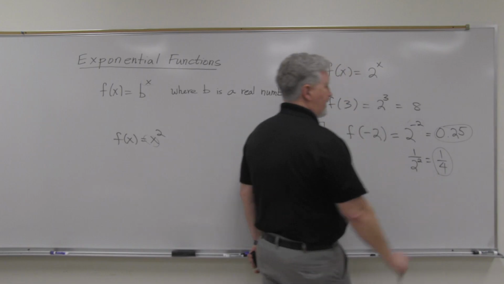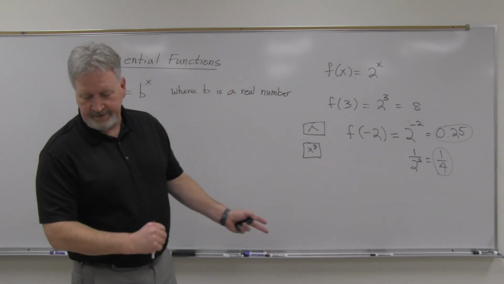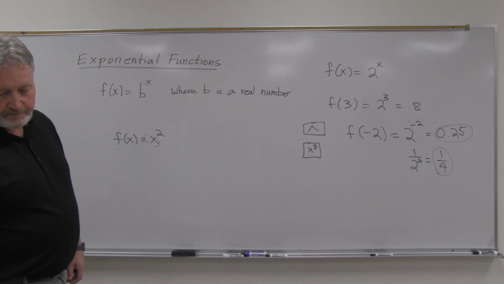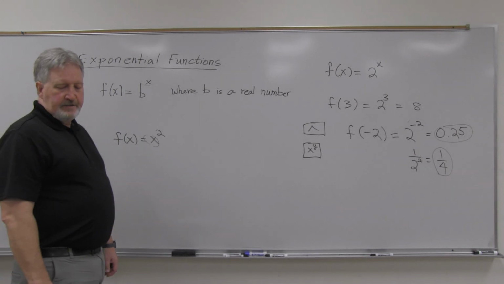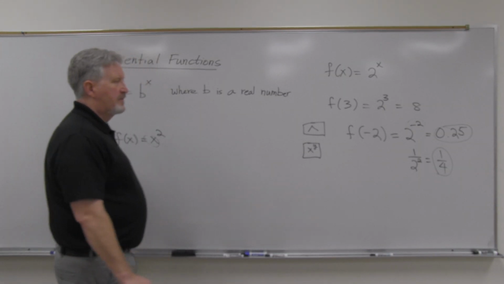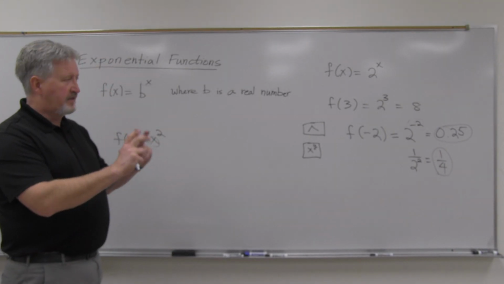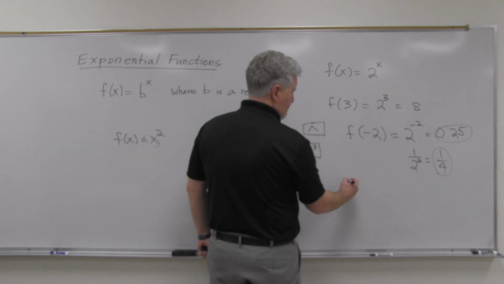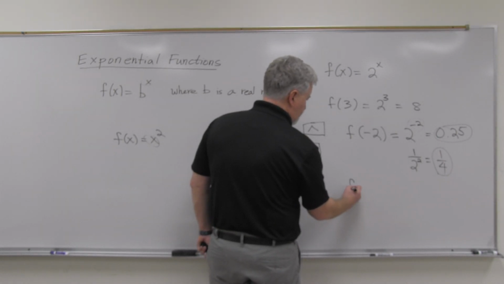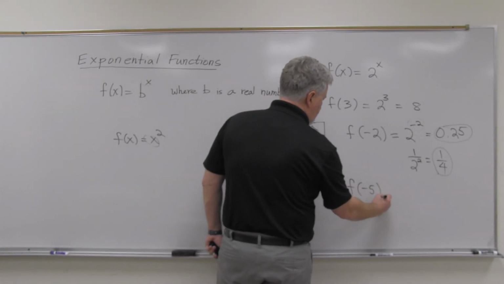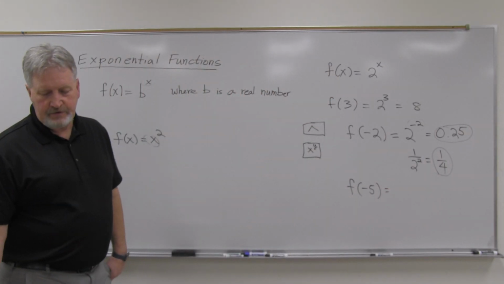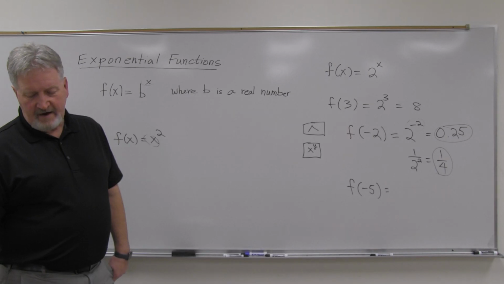Sometimes though, they will prefer one over another. Okay, so 1/4 or 0.25, depending on how you need to input that. Just pay attention to what they ask for. All right, so let's think about another one there. Let's do one more of those. f of -5.